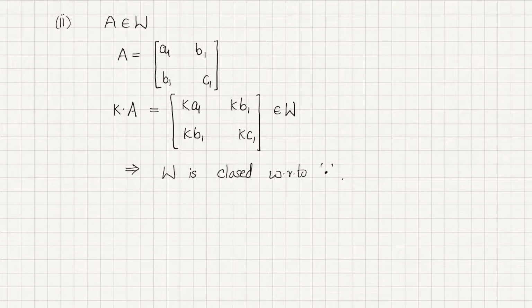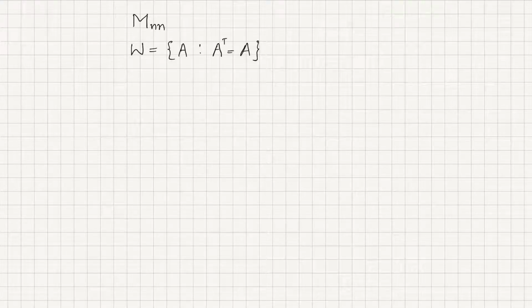In fact, this was the case for only 2 by 2 matrices, but in general, suppose we have the vector space V of n by n matrices and W is the collection of all matrices such that A transpose is A. Then we say that this W is a subspace of V. We can check it very easily.